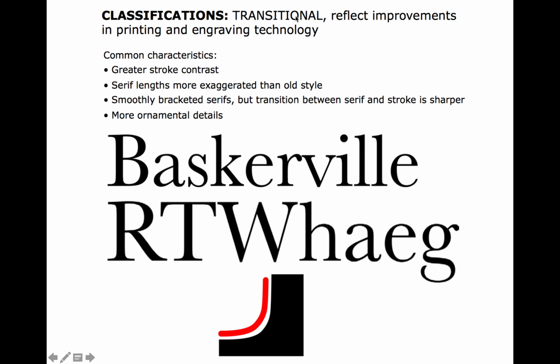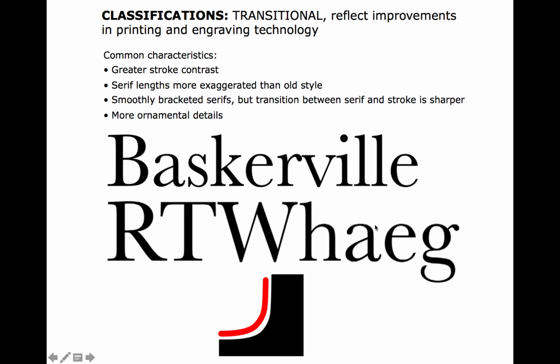The transitional reflected improvements in printing and engraving technology. So some of those characteristics, you had greater stroke contrast, you had the serif lengths were more exaggerated than the old style. So the serifs were a little longer, they stuck out more from the stem of the letter. The bracketed serifs were a lot smoother. The transition between the serif and the stroke is sharper.